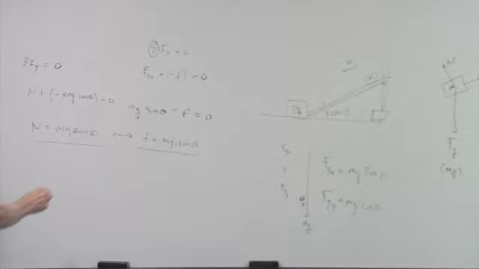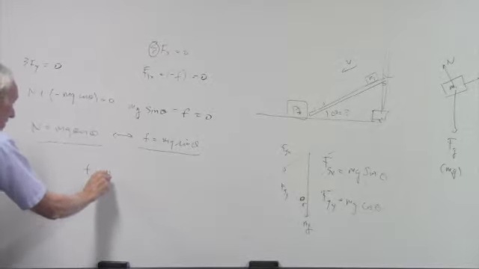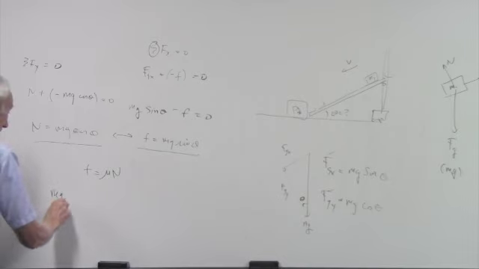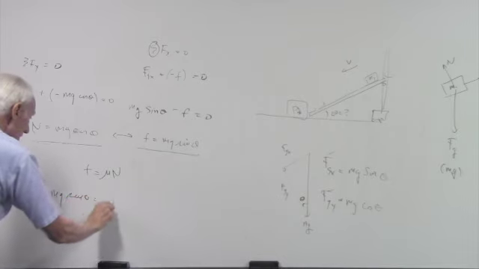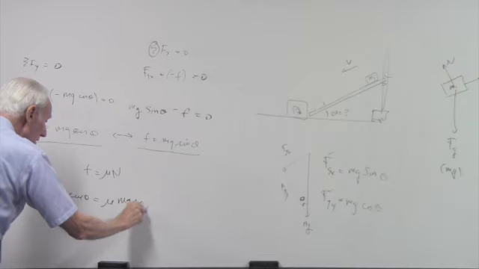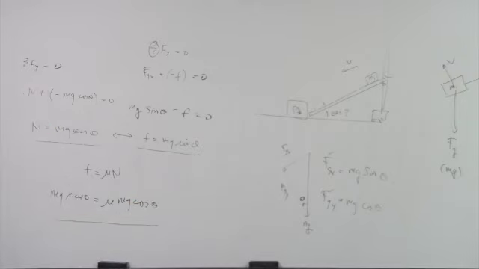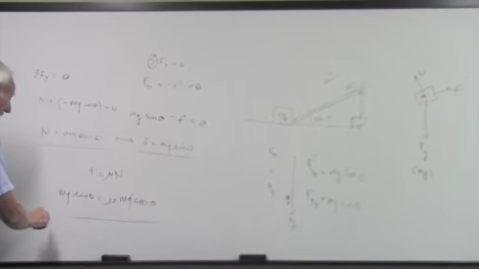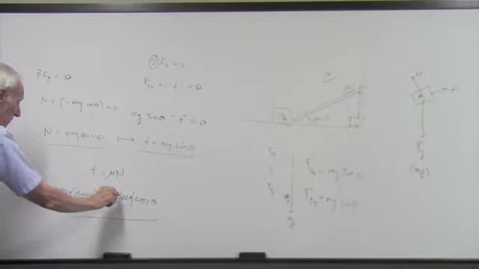So let's take a look at these two equations here, and let's take a look at the definition of friction again. The coefficient of friction times the normal force is equal to the frictional force. So I can see a plan here. If I put this in for the normal force, and this in for the frictional force, I get this equation. And interestingly enough, of course, g cancels out, and the mass cancels out.